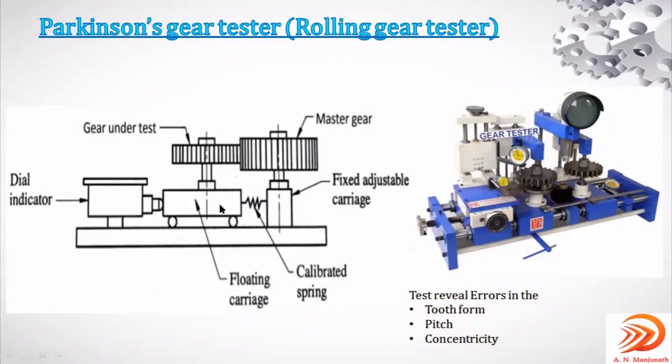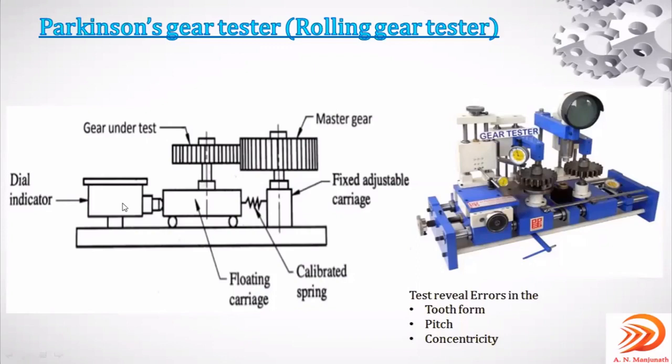You can observe here, this is the floating carriage, on which the gear will be mounted. This is the gear which will be inspected, and this is the master gear on the fixed adjustable carriage. The floating carriage is connected to a dial indicator.